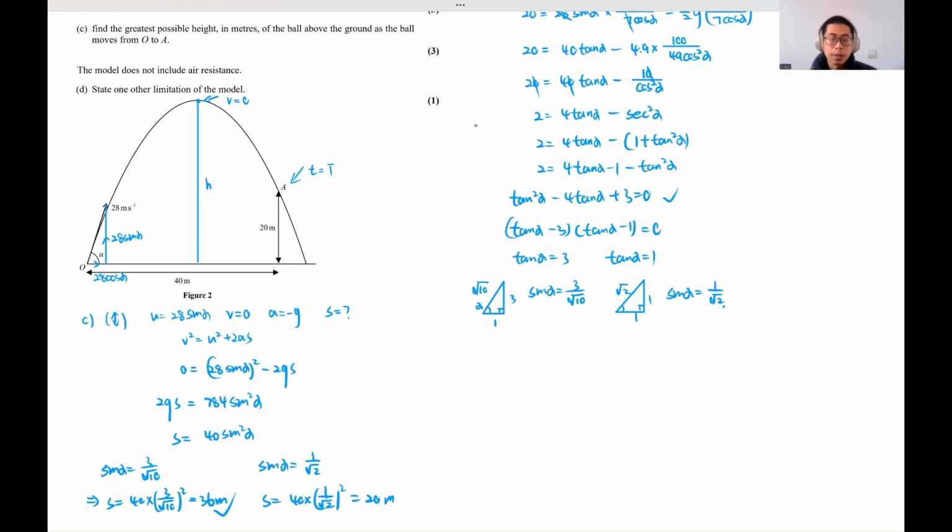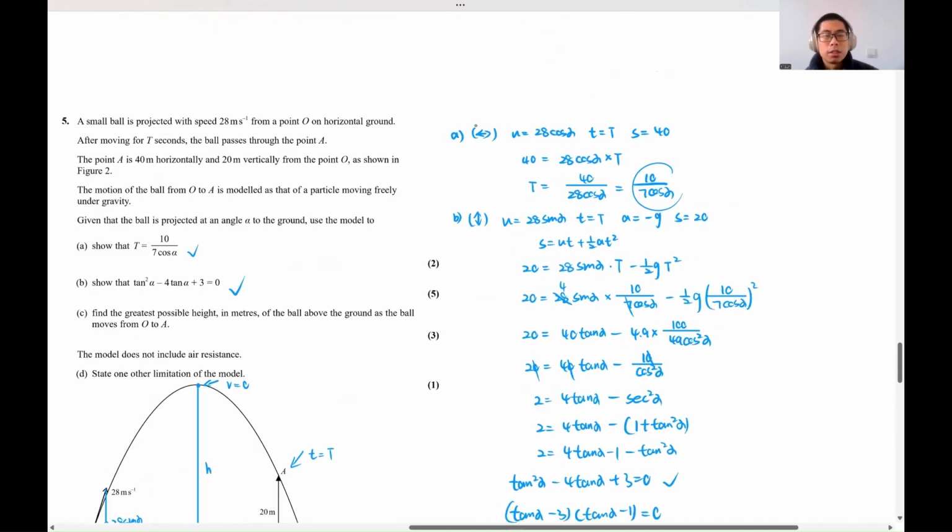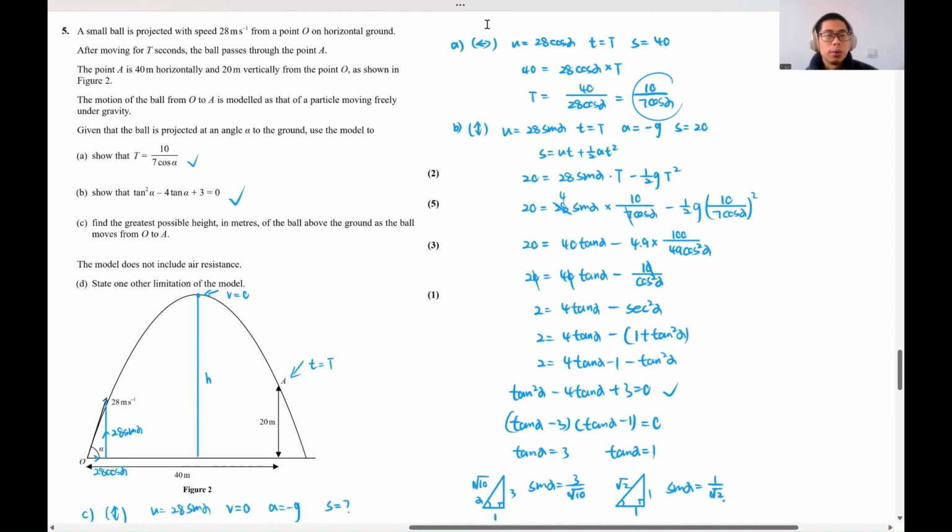And then for the last part, the model does not include air resistance. State one other limitation of the model. So really just like what we did before, always say the same thing. For example, they say they model the ball as a particle, you can say the dimension of the ball or the spin of the ball.